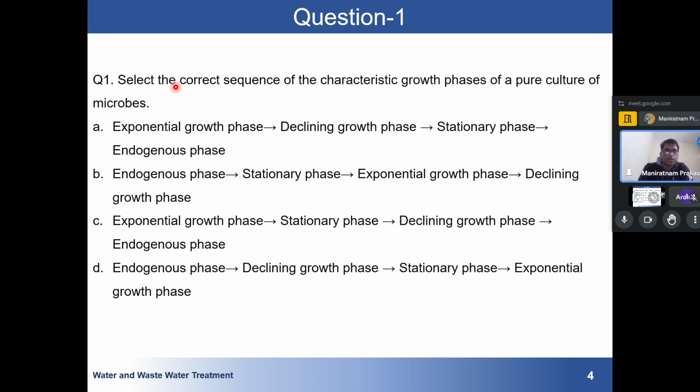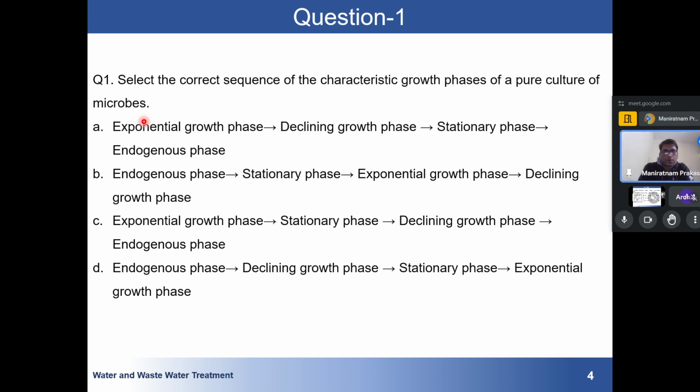It means there is organic matter already present in the system. So we add some microbes to the system so that the microbes will degrade our organic matter. How do those microbes grow with time? We were also discussing the energy release and all these things.